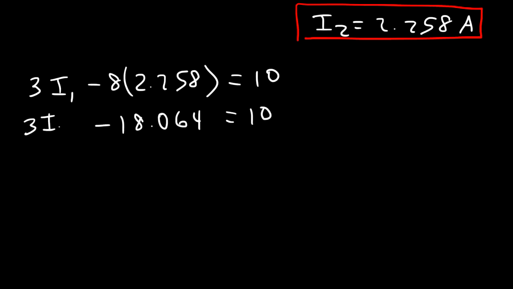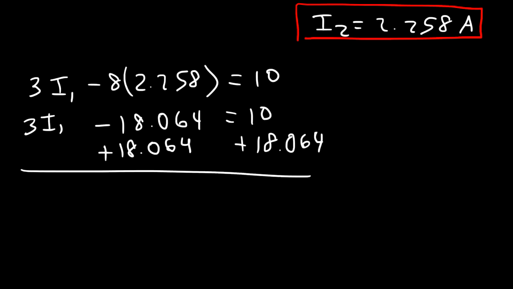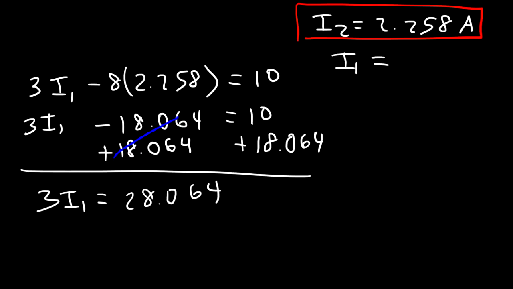So let's add 18.064 to both sides. So this is going to be 3I1. That's going to be equal to 28.064. And so I1 is 28.064 divided by 3. And so it's about 9.355 amps.